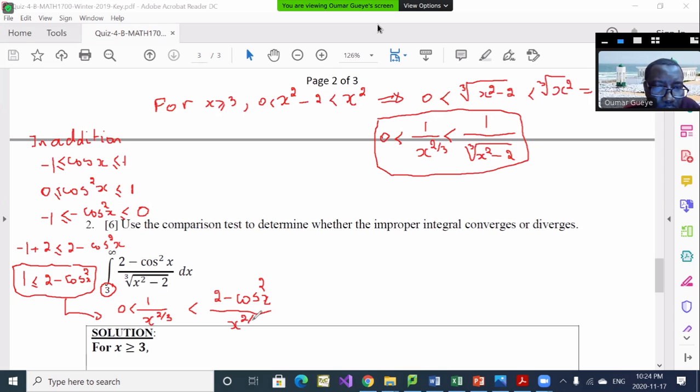Since I divide by a positive number, I'll still get my same inequality.